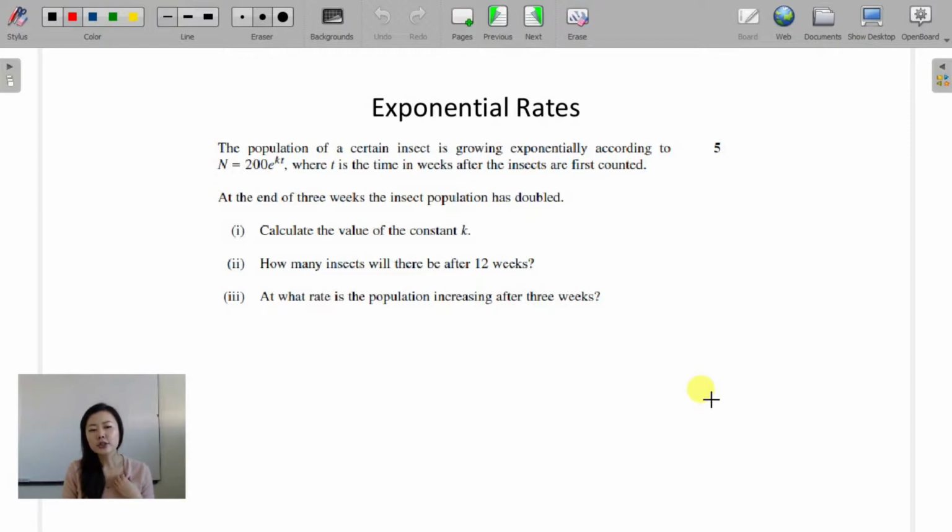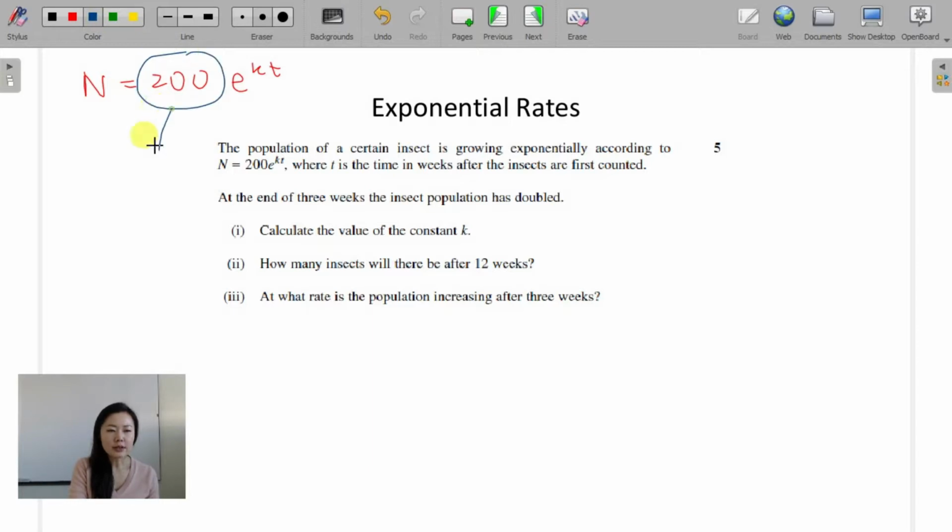So in this question, now actually before we dive in, generally speaking, let's say this equation, that number in front of your exponential function is your initial value. Now, how do I know? If you put t equals 0 in there, you will find that it is 200. So that's the initial value.